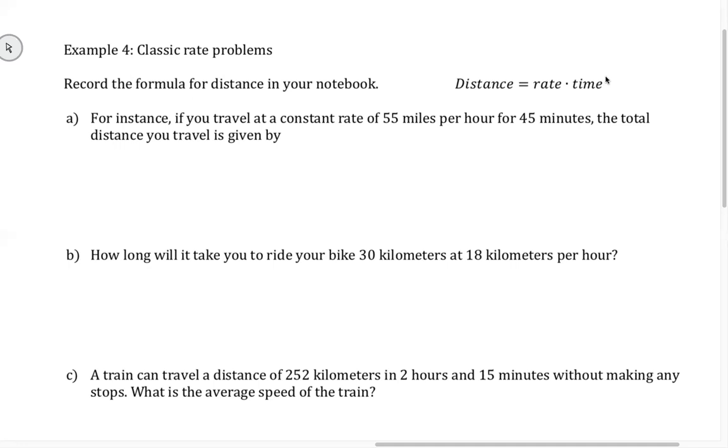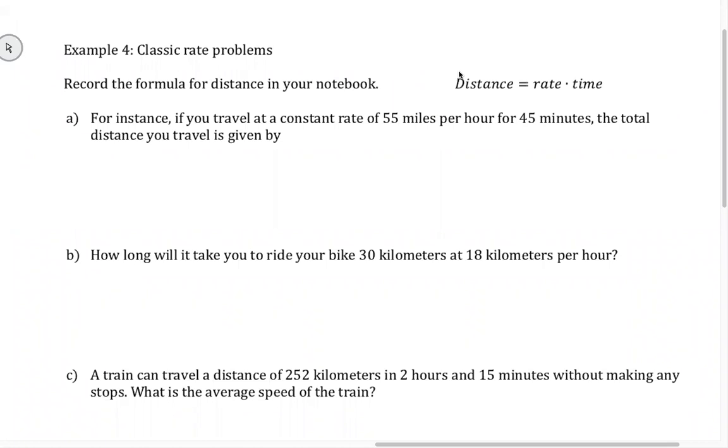So for these, it says the formula we use is distance equals rate times time. Okay. So for instance, if you travel at a constant rate of 55 miles per hour for 45 minutes, the total distance you traveled is what?